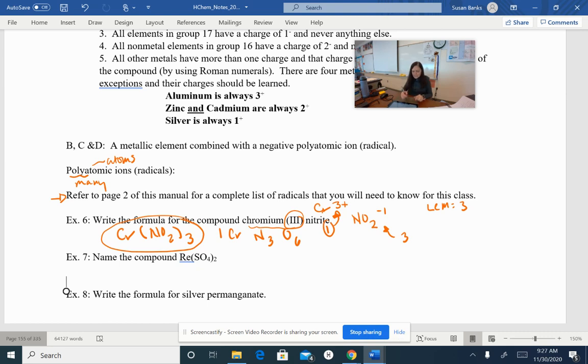Okay, name the compound. We have rhenium, and we have SO4. Rhenium's a transition metal too. So I'm going to have to look at SO4 and look at the charge that SO4 has to determine the charge of that rhenium. So let's look for SO4.